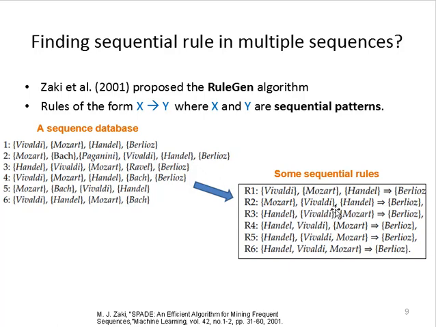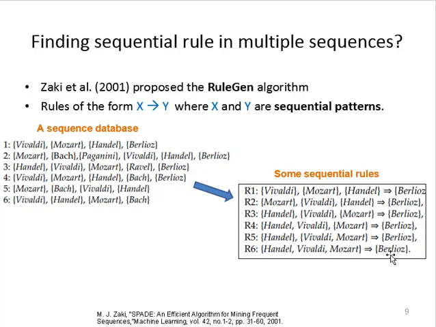Handel followed by Vivaldi followed by Mozart implies that later we'll see Berlioz after that. Okay. And rule 4, if we have Handel and Vivaldi at the same time followed by Mozart, then it will be followed by Berlioz. Or the last one, rule 6, Handel, Vivaldi, and Mozart at the same time will be followed by Berlioz.